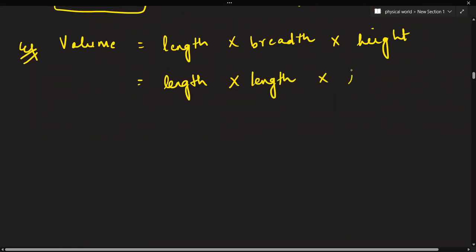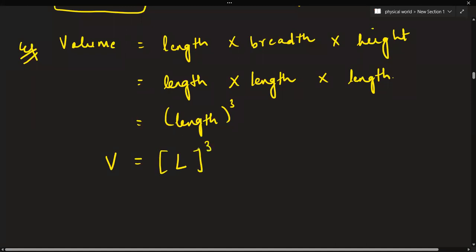We can write height also as equivalent to length. So this becomes length to the power 3, that is length cube. Now volume is expressed how? L, this is the length, to the power 3. If you want, you can write M0, L3, T0. Even if you write this, both of them are correct. Either write this or write this.